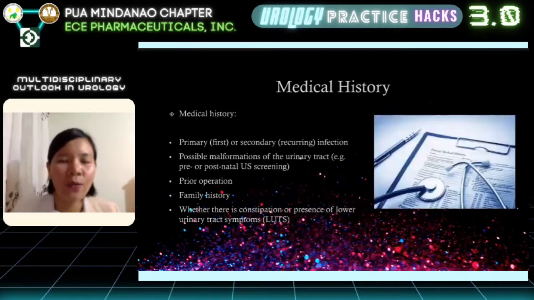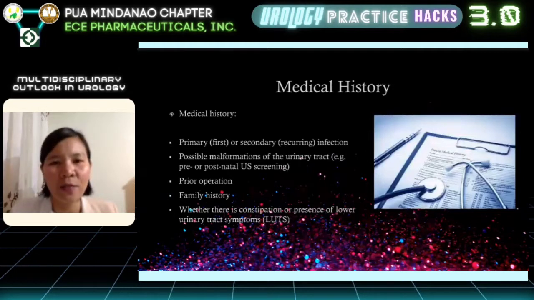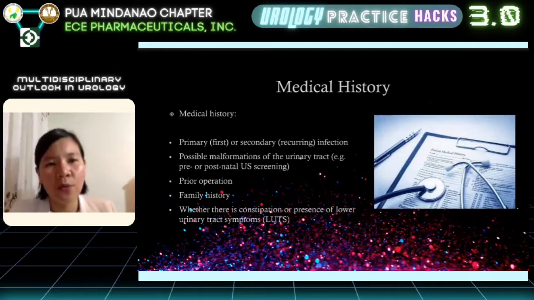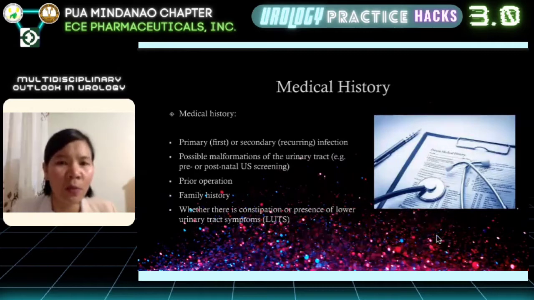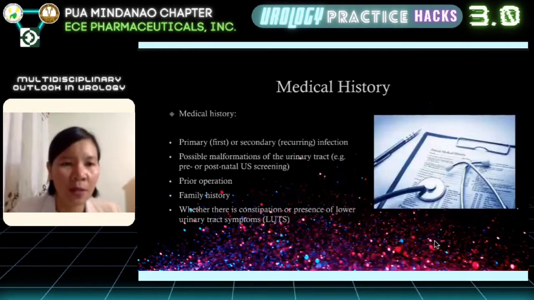And in doing so, we have to really have a high index of suspicion for UTI in the pediatric population, especially in infants and children less than 2 years old. The evaluation should include history, and the importance of physical examination in pediatric patients cannot be overstated. So when we do our evaluation, these are the questions that we have to ask our patients.